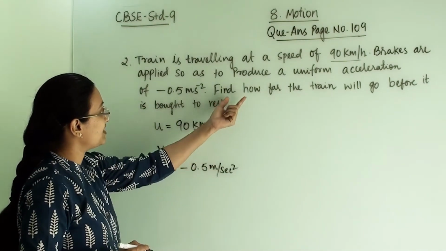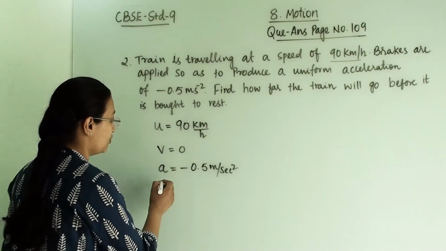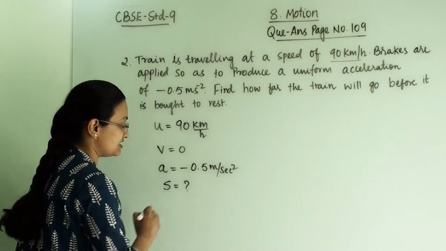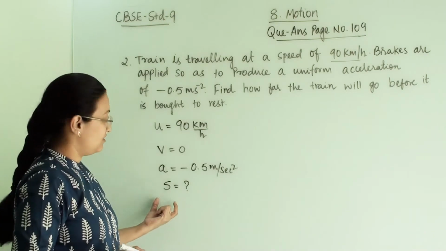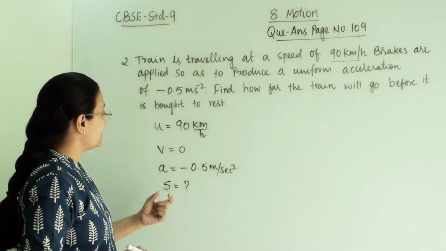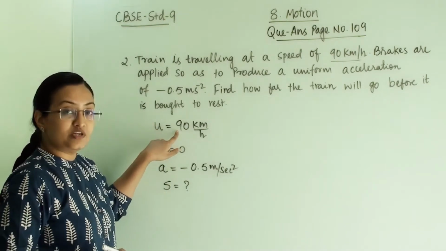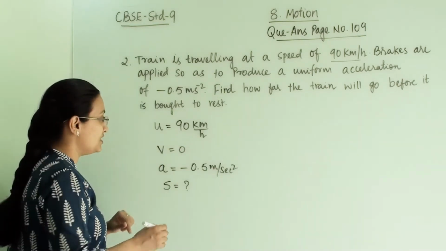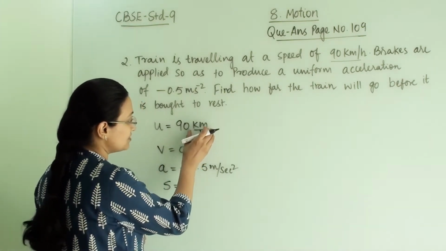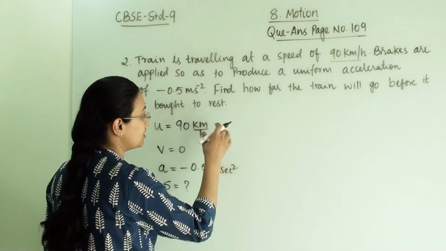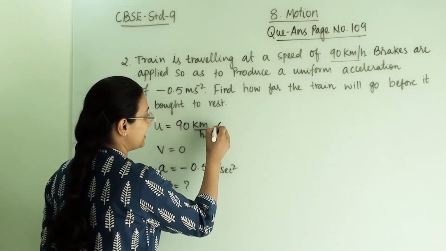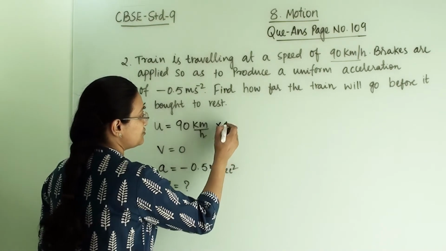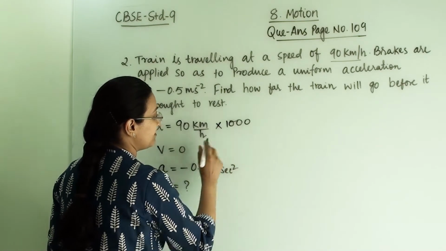Now we have to find out how far the train will go. So we have to find the distance, and we denote this distance with s. Now we know that the speed is in kilometer per hour, so we have to convert it into meter per second. This is a big unit, we have to convert it to a small unit, so we have to multiply. Kilometer to meter, we multiply with 1000.